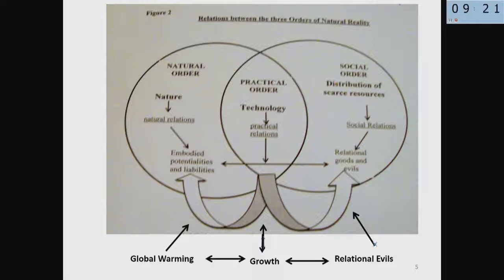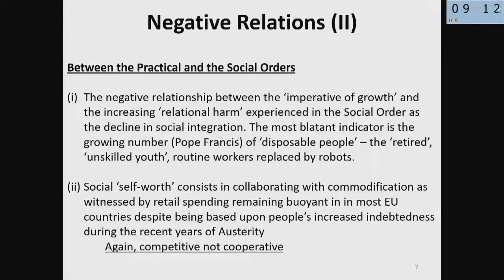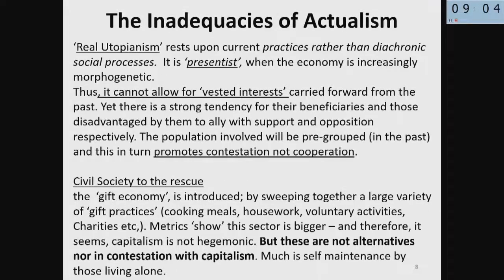Now, again, in these two cases, we are dealing with competition rather than cooperation or collaboration. And this leads me towards the end. What are the inadequacies of actualism, of real utopianism?